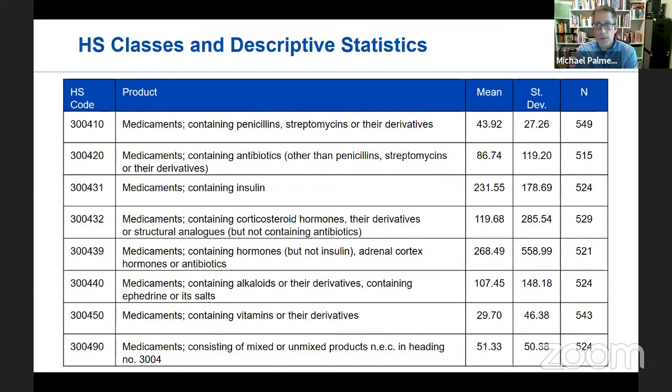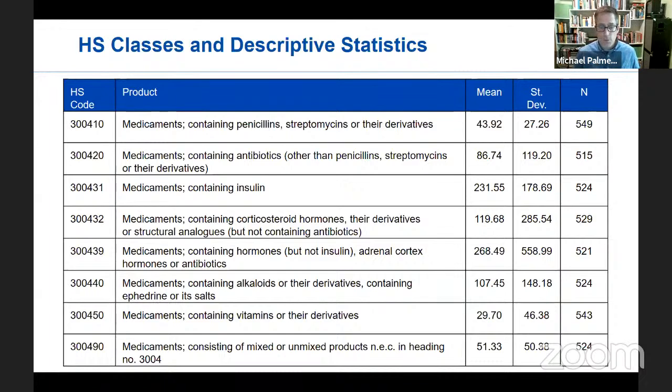The second thing you need for this sort of study is price data. And price data across many countries over time is scarce. And proprietary data from IQVIA is super, super expensive. But trade data is freely available, allowing one to compare prices in many countries, at least for traded drugs.